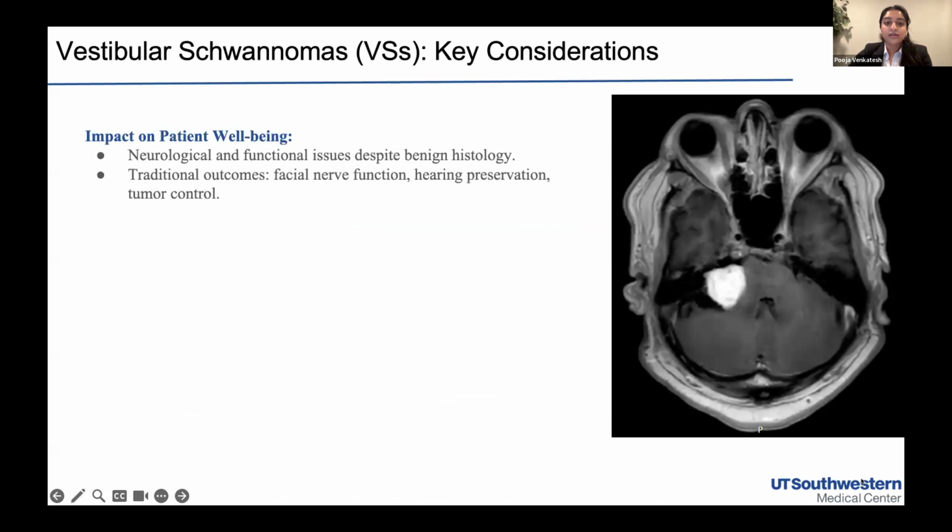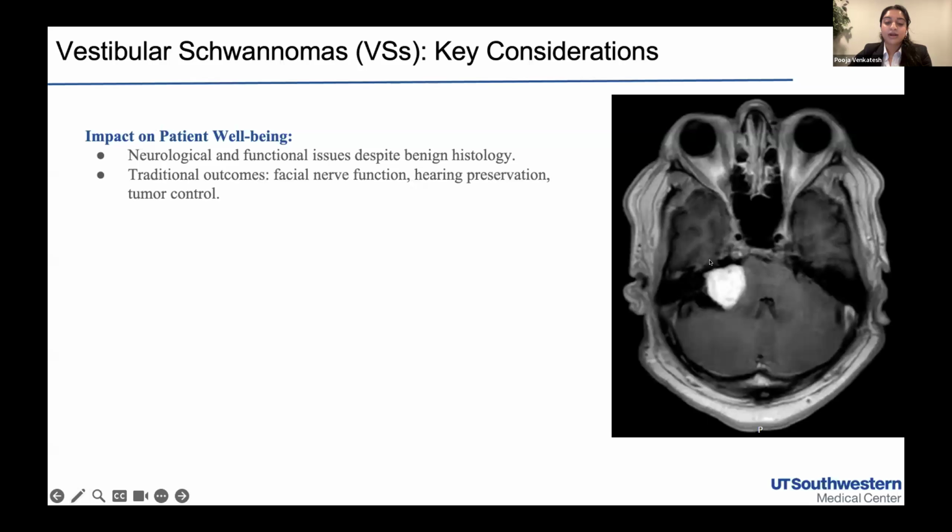Vestibular schwannomas, although histologically benign, often cause neurological and functional impairments that diminish well-being due to disease progression. The clinical outcomes usually measured for these cases are facial nerve function, hearing preservation, and tumor recurrence.